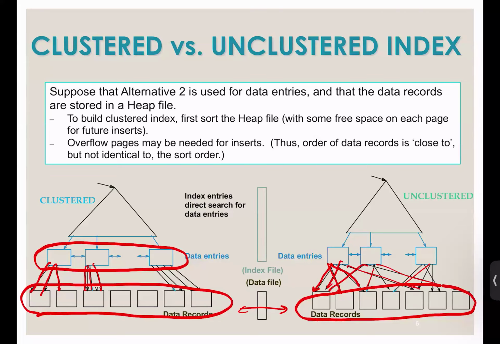Versus if it's clustered index, you just read the pages one by one in order, one page at a time, and usually we don't have to reread the same page. So that would make things faster. If possible, if you want something to go the fastest, clustered index would be the best choice. But since there is only one search key that it could be clustered on, you have to think carefully which one you would like to be clustered and which one would be unclustered.